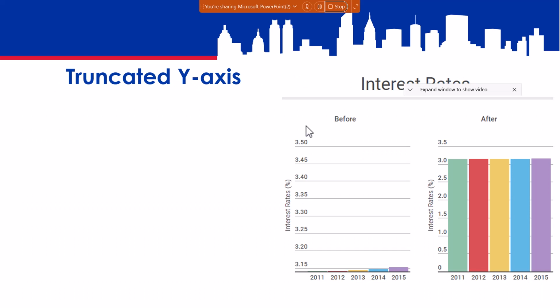Now, this is the truncated y-axis. Of course, the y-axis is the vertical line going down. The before is incorrect, the after is correct. What's the difference that you see?